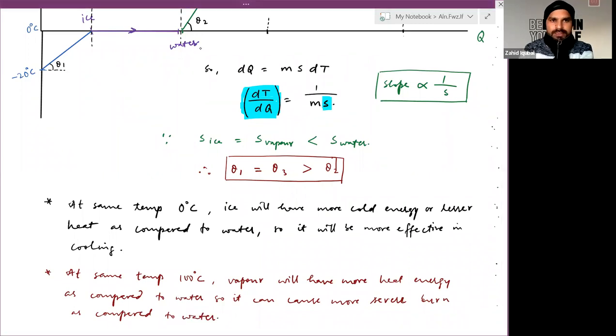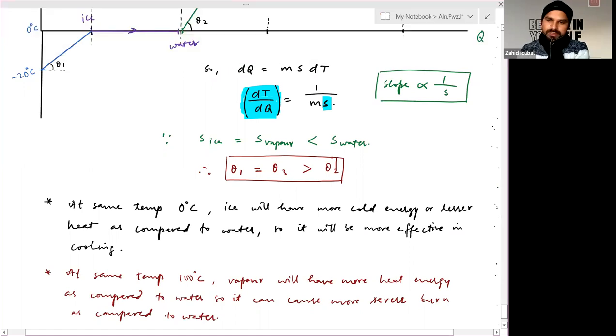And next one, why is there no significant change in temperature during changing state?